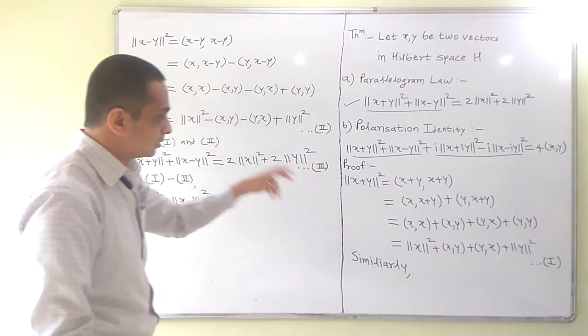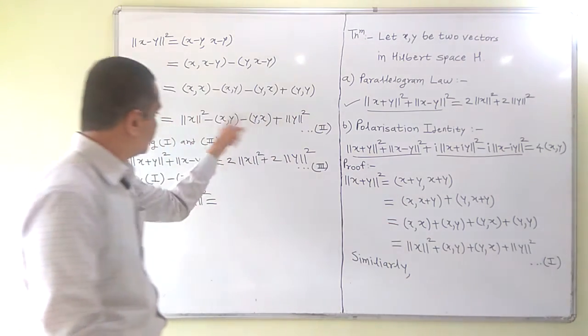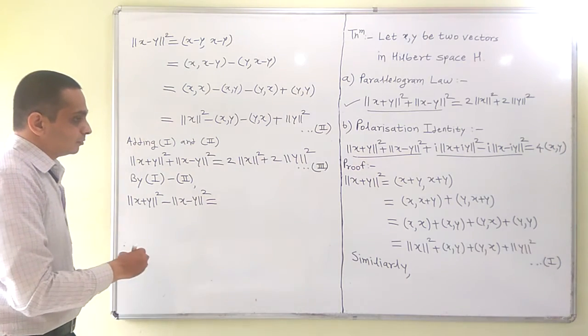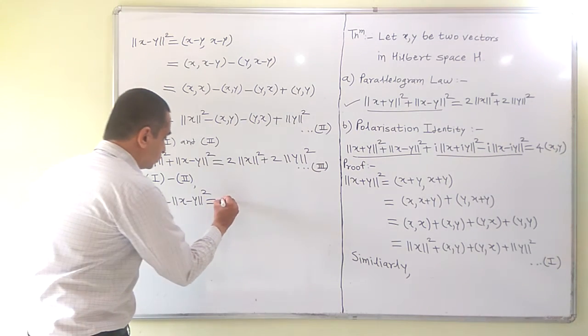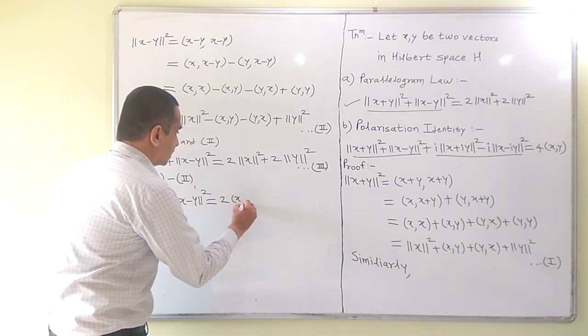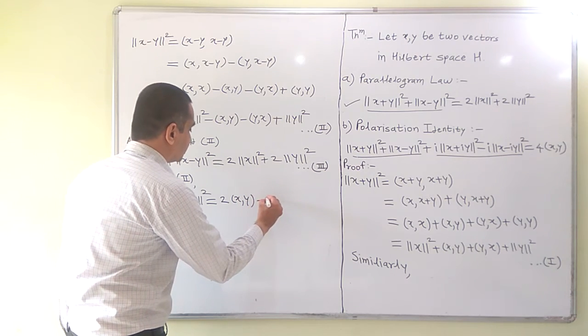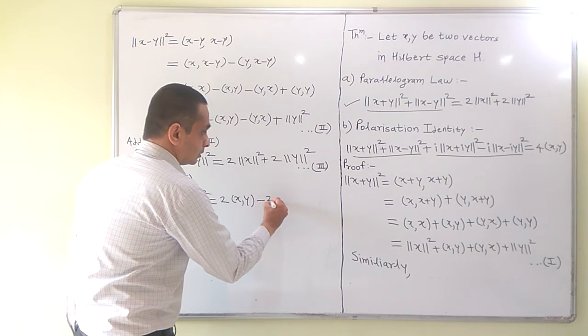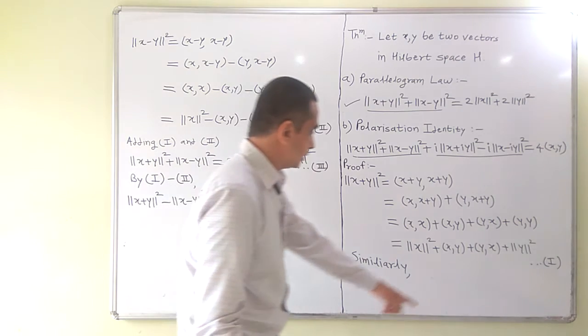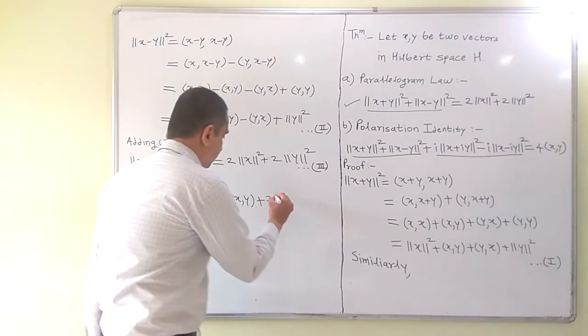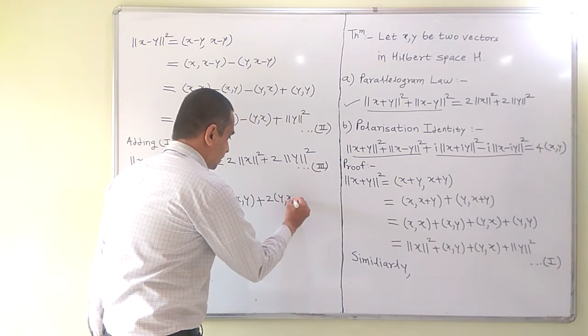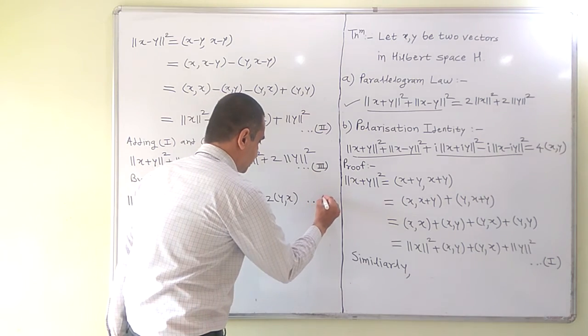So norm x square and norm y square get cancelled and these terms get added. So what is left is 2 times inner product of xy plus 2 times inner product of y and x. So this is our fourth statement.